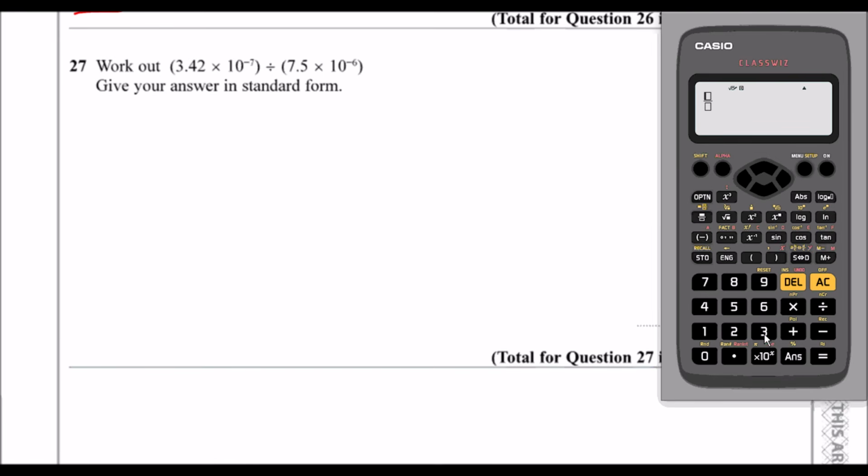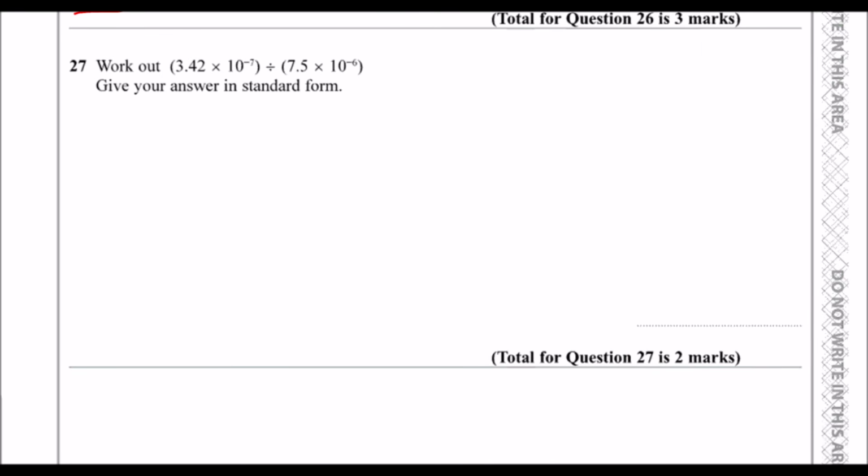So what am I getting out? I've got a decimal, 0.0456. That's a decimal. It's not in standard form.